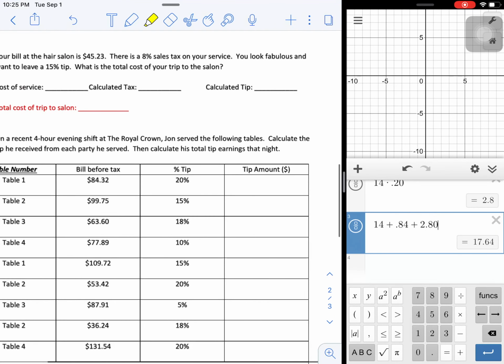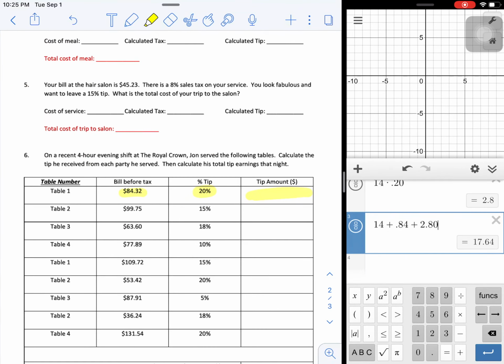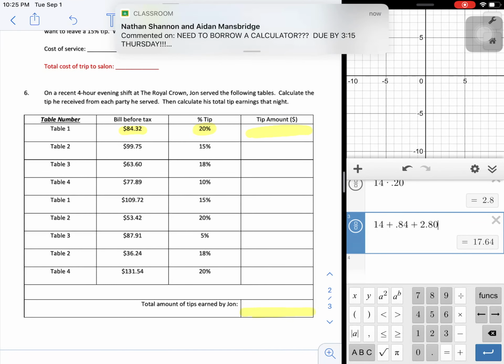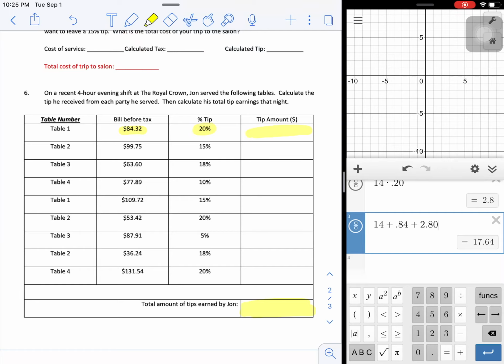So you're going to take the $84.32, multiply it by the 20% or 0.2, and write your tip amount. We are not going to calculate the tax on this one. You can add up all the tips, and they will show what that server made for the night. Thank you very much.